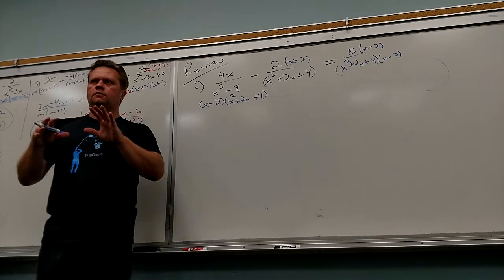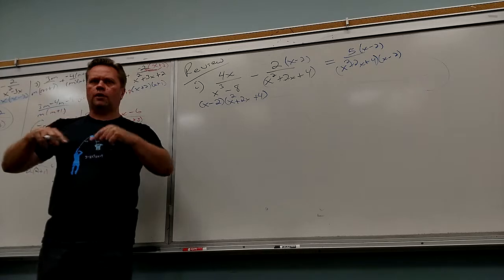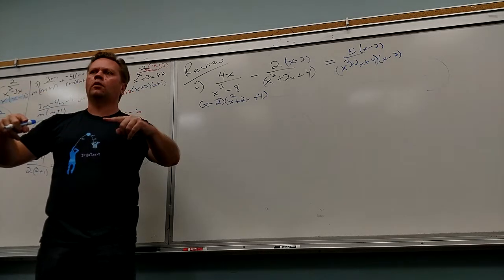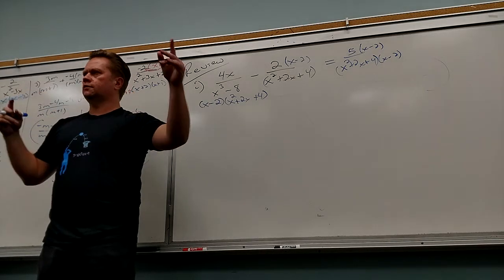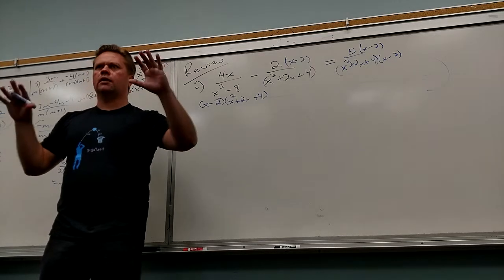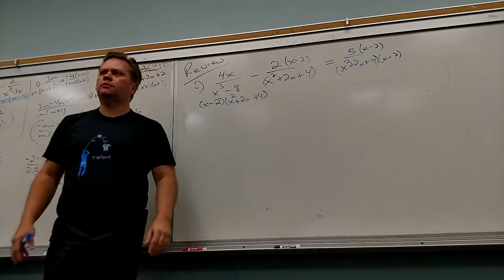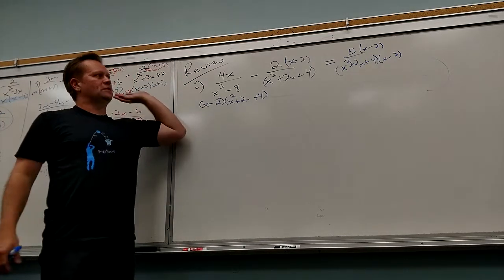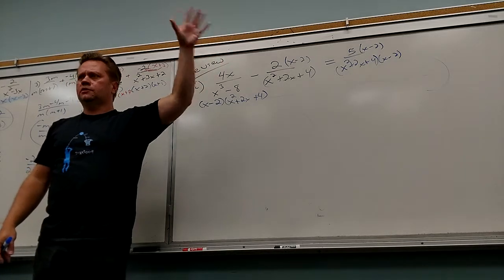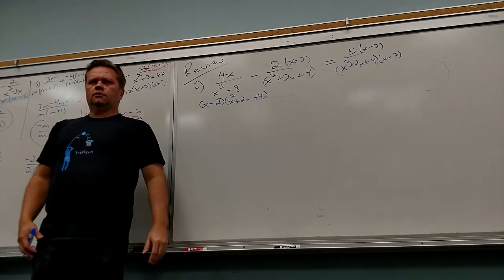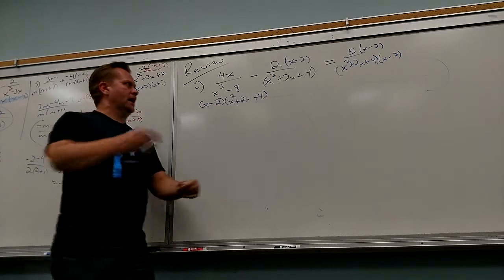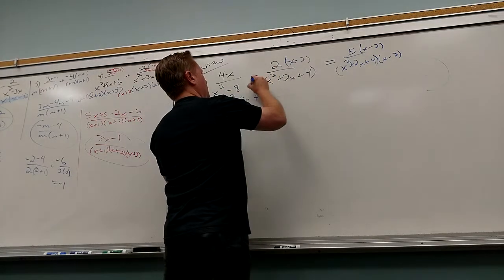Since this is an equation, I can do more than I could if it wasn't. Since it's an equation, I'm allowed to multiply both sides by something. I can multiply both sides by any damn thing I want to, except 0. So obviously here I'm going to multiply by this bottom. I forgot to put that there.